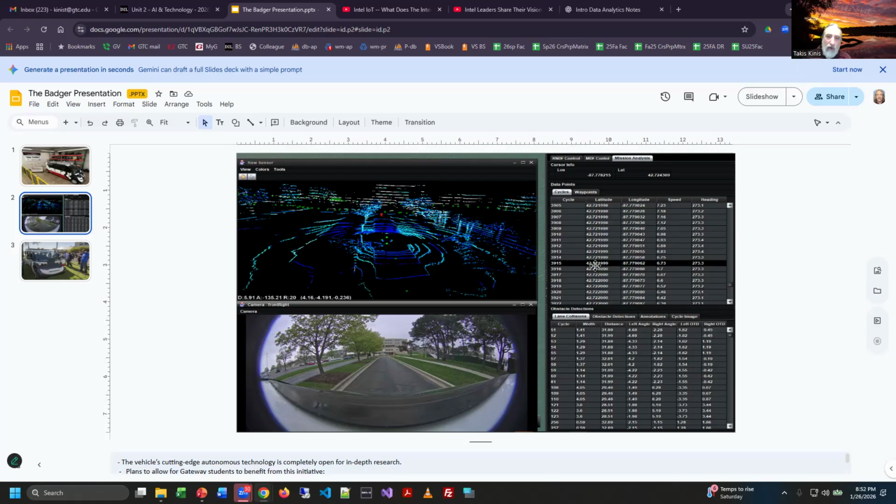That little drive, maybe 10 blocks long around the campus and back, that one short trip, generates 100 megabytes of text-based numeric data from a 3-minute drive. So you can imagine the processing it takes to deal with that information.